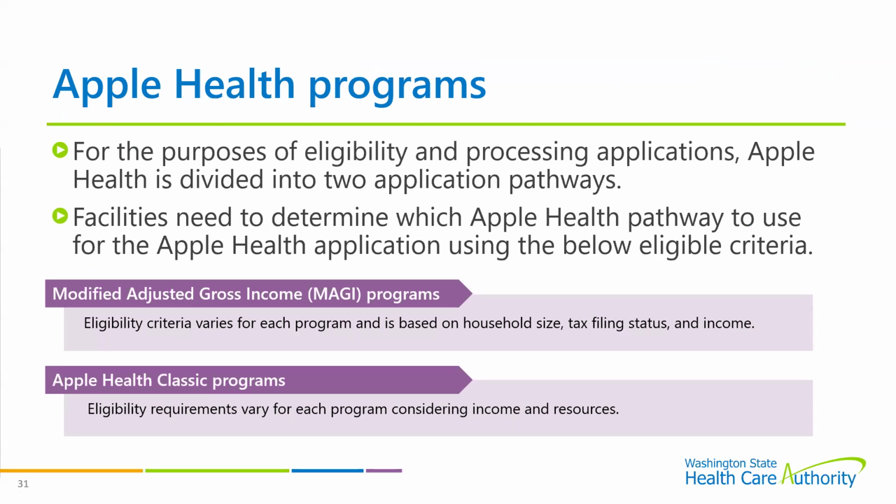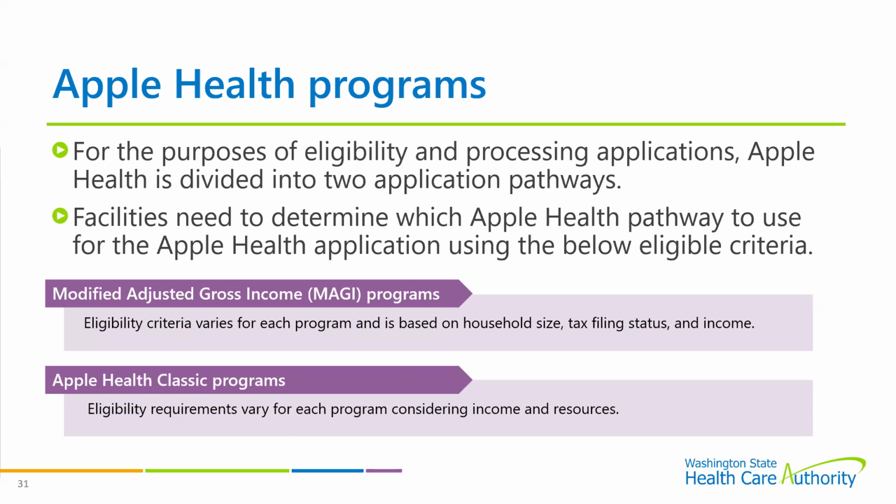For the purposes of eligibility and processing application, Apple Health is divided into 2 application pathways: modified adjusted gross income, or MAGI-based programs, and classic Apple Health programs. For MAGI-based programs, eligibility criteria varies for each program and is based on household size, tax filing status, and income.